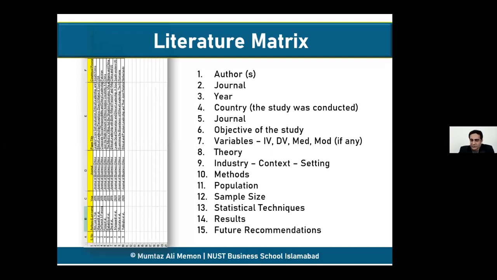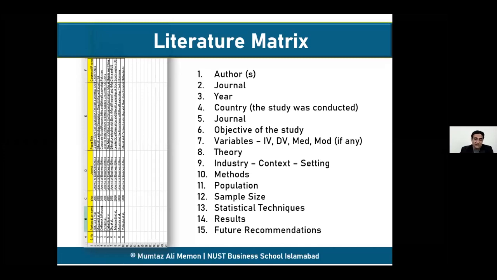So what we do in this activity is prepare an Excel sheet. I ask my students, whatever you read, when you finish reading, please summarize it in an Excel sheet. And what I want from them is just to mention these details in that Excel sheet. Although it's time consuming, it's going to help you a lot.